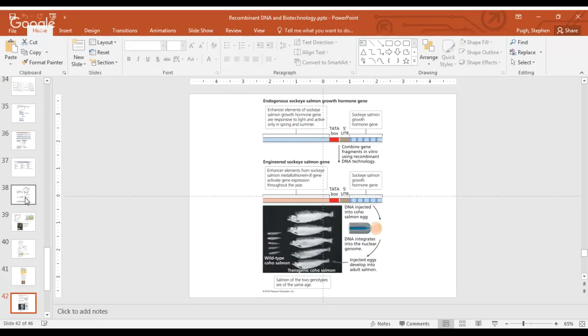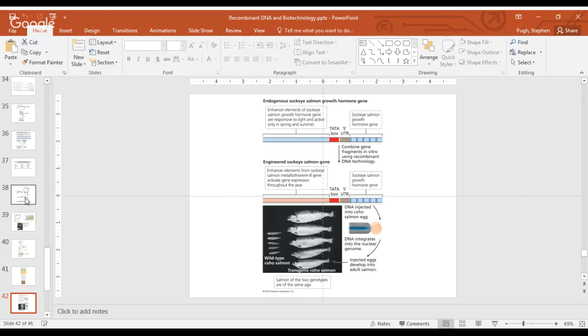We can even manipulate animals. There are techniques that we can use to insert particular genes, like a growth hormone gene, into the genome of a fertilized egg cell, and it's associated with a particular promoter. And once that promoter initiates transcription, then this growth hormone gene will produce its product, which is to enhance the growth rate of an animal. And so in this case, we can produce salmon where the only difference between them and the wild type is the existence of this particular growth hormone gene.